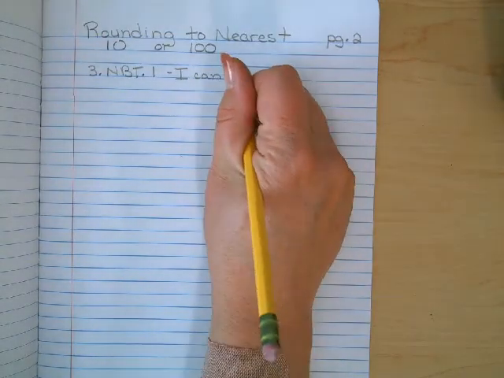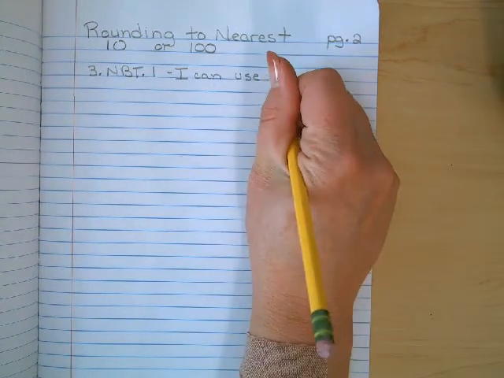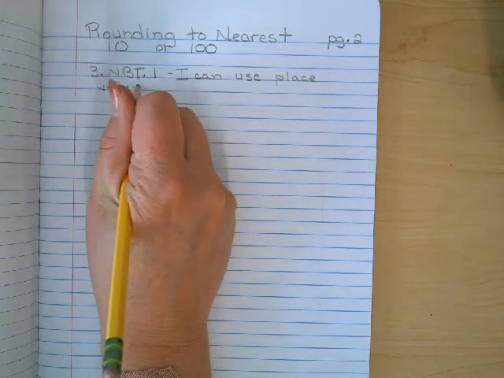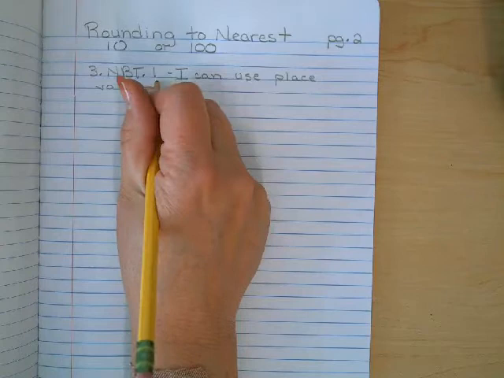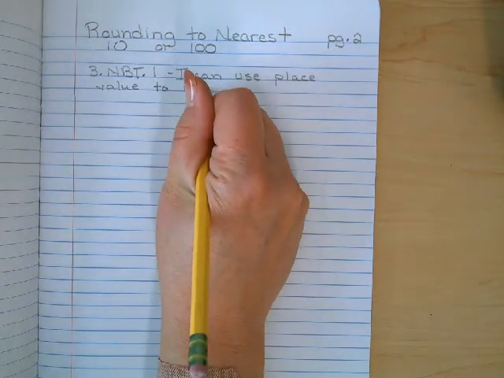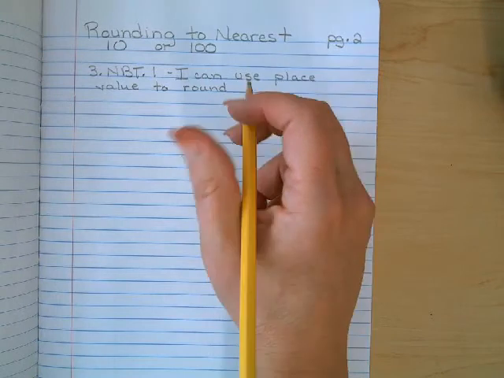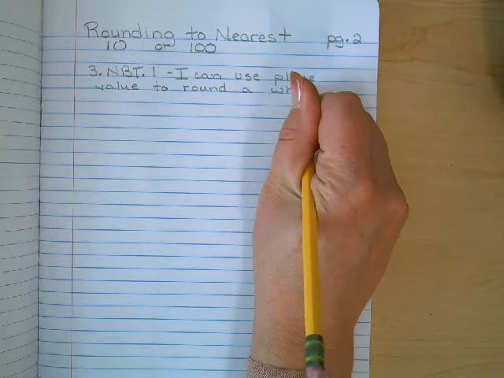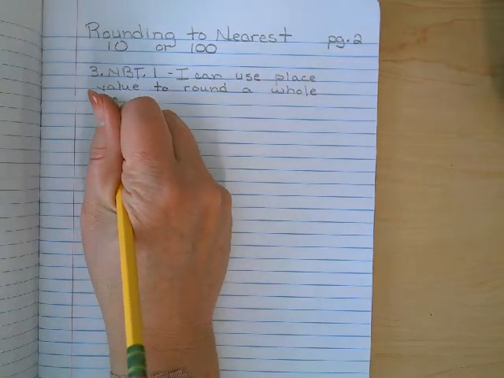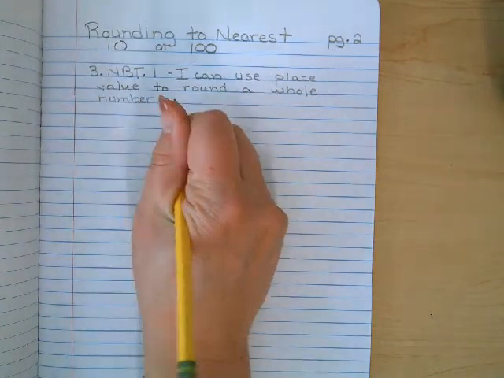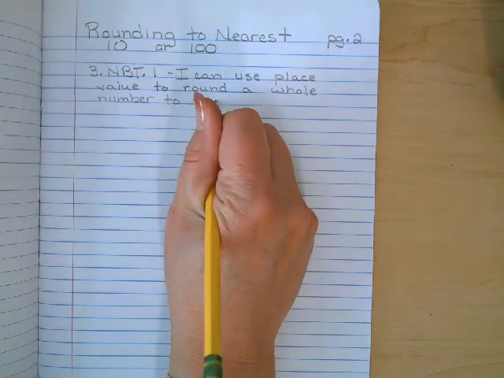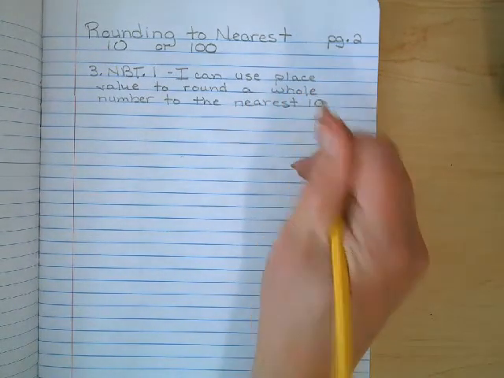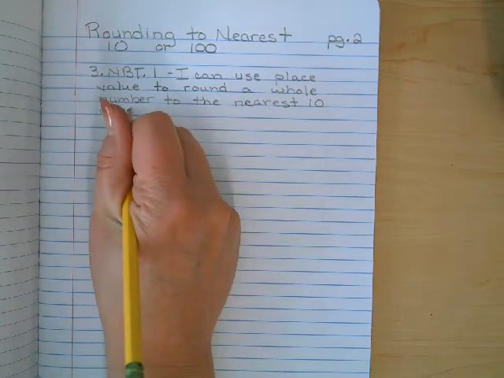So I can use place value, which is why we started off with place value, to round a whole number to the nearest 10 or the nearest 100.